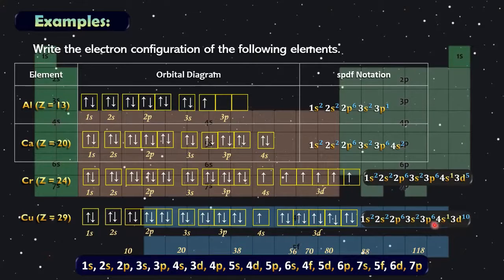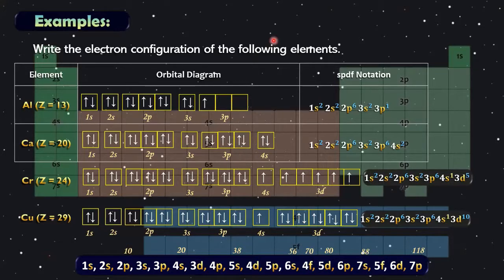Again, please don't forget, never D4 and D9 for the D subshell, and never F6 and F13 for the F subshell. Make it half-filled or fully filled.